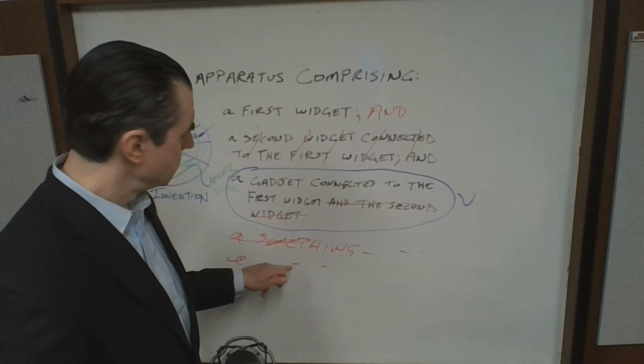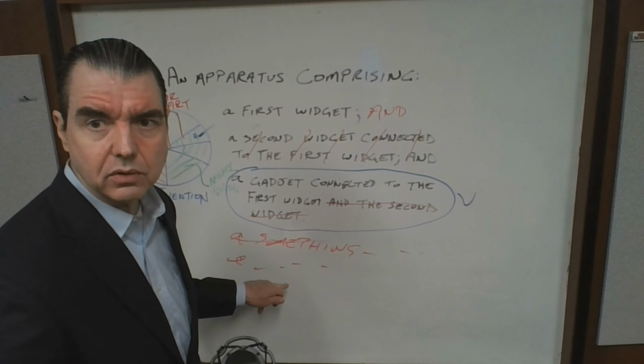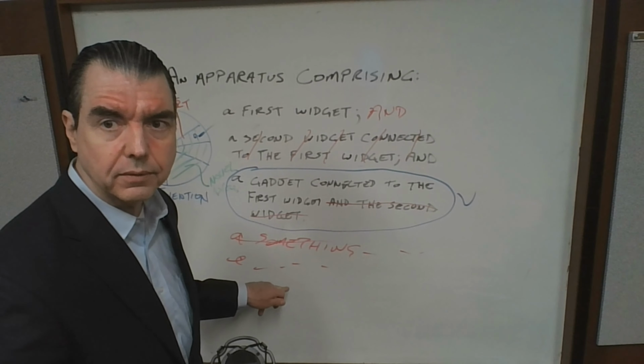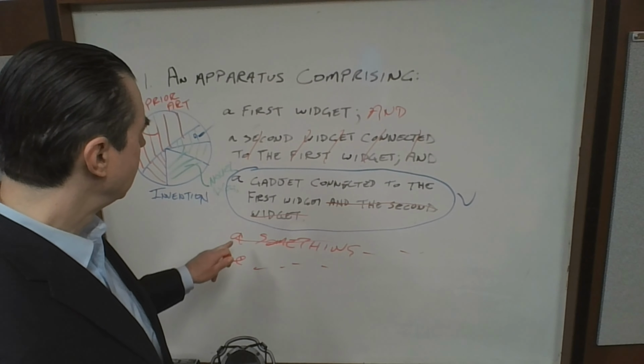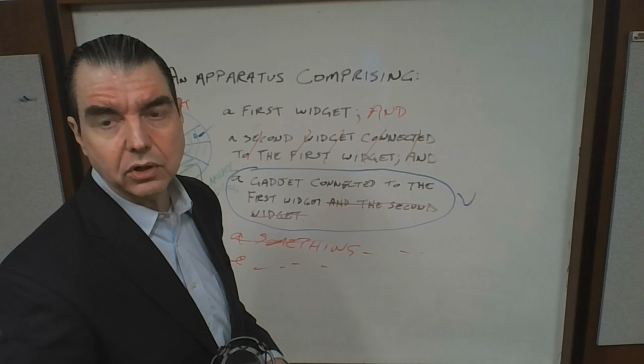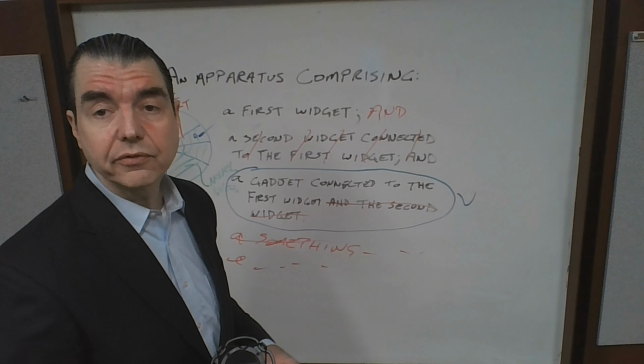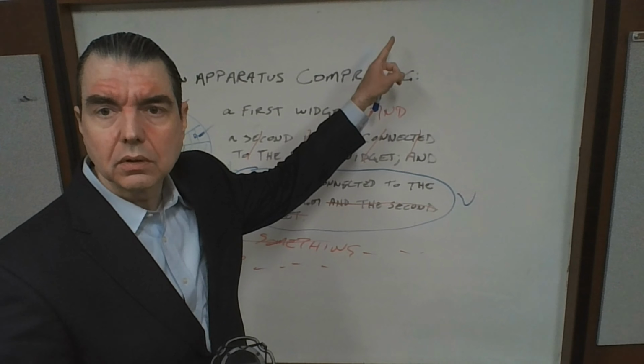Or I don't need several of these limitations in order to make that thing work. In that case, that product wouldn't be infringing your claim anymore. So for more about infringement, see this video linked above.